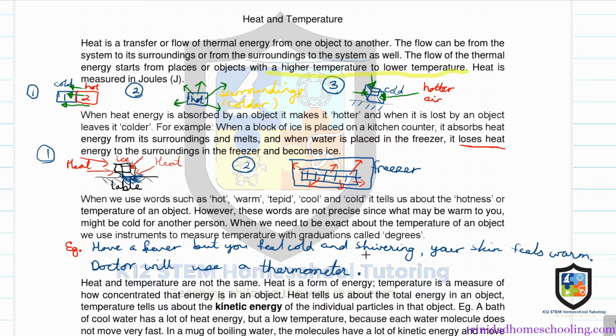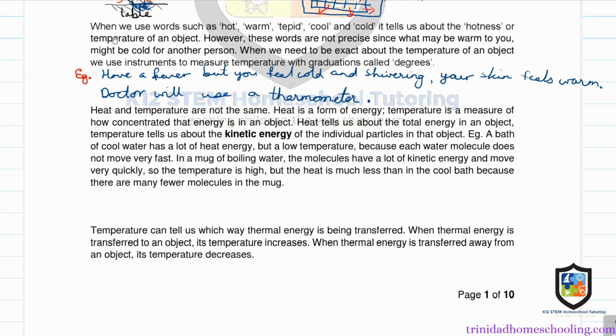So the words such as cold and warm and hot are not precise words that we want to use to describe heat. Now, heat and temperature are not the same, so you need to remember this, okay? Heat and temperature are not the same.